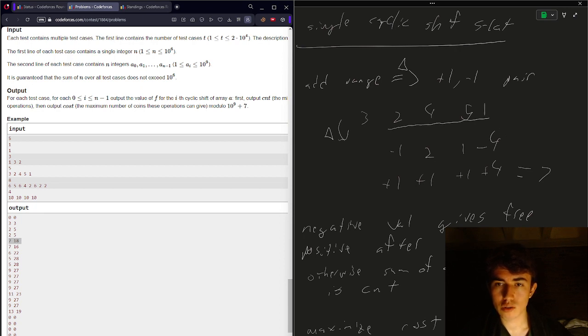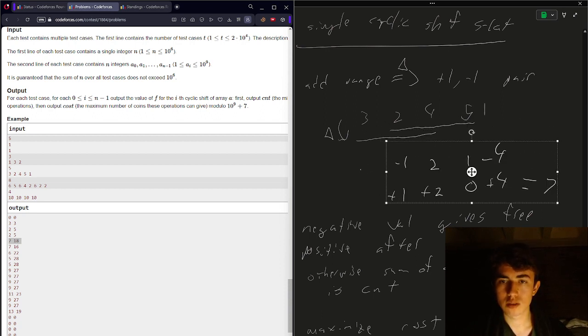The +1 gives a free subtraction right here. We'll subtract 1 here, do 2 subtractions here, and some more subtractions here. This is what it should look like.